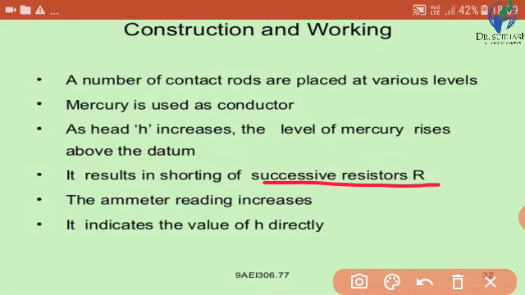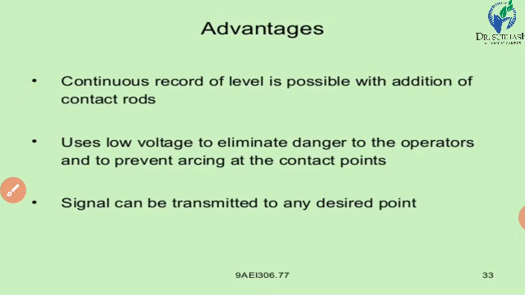So due to this, the successive resistors will be shorted. The ammeter reading increases. So whenever the resistors are shorted, the current increases, and this current is measured with the use of ammeter. So ammeter reading also increases. It indicates the value of H directly. It means the ammeter will indicate the value of height directly. So this is the way how we can measure level using fixed resistance type technique.